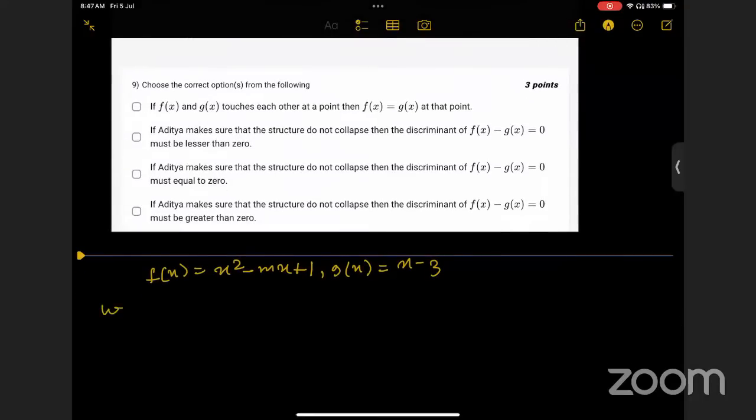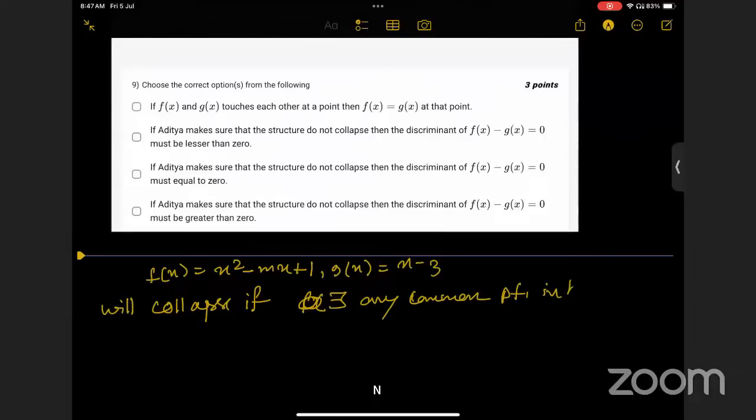So if there exists any common point in both f(x) and g(x), right?